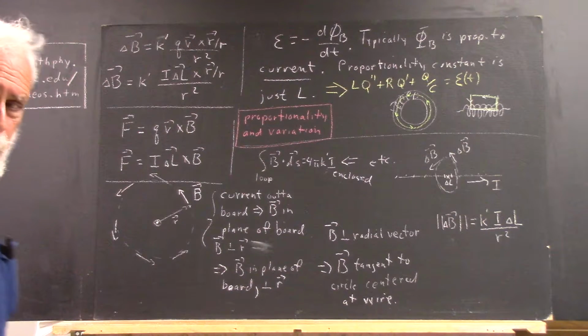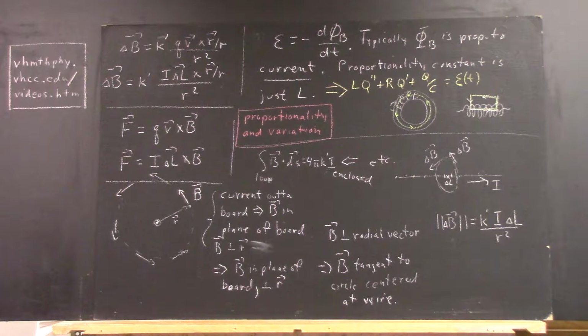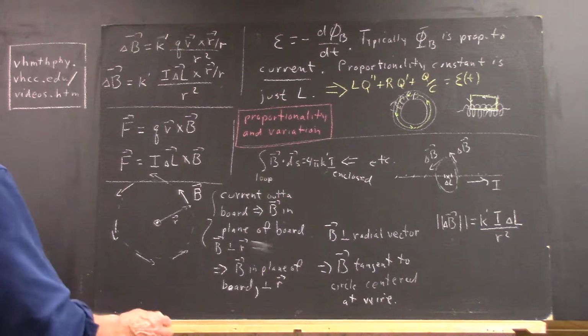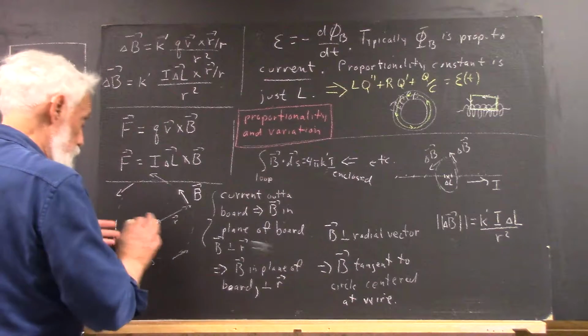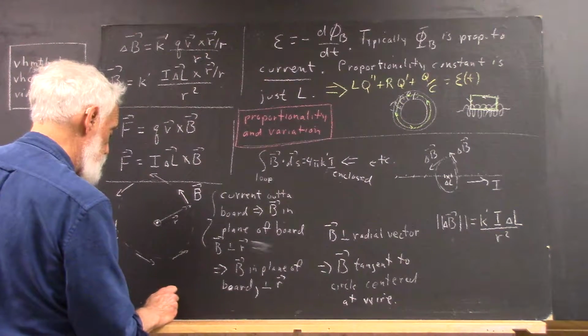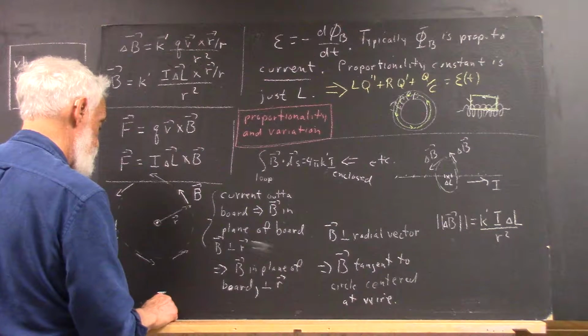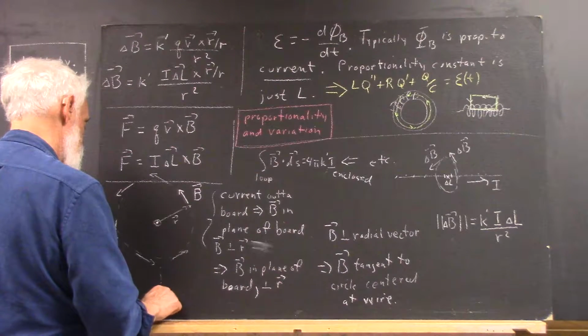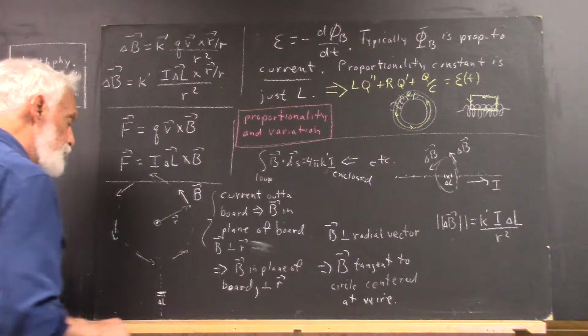Now, just to be clear, I didn't really sketch it this way, and I might have been a little vague both here and in class. If we turn this around and look at it this way, we're just talking about a short segment that's in, or at least that crosses the plane of the board.